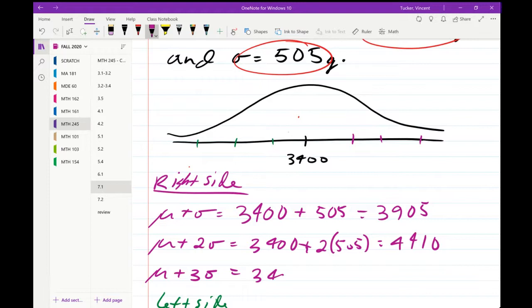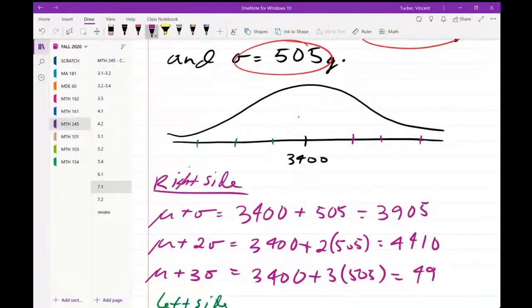And then 3400 plus 3 standard deviations, 4915. So all you have to do is keep adding 505, the standard deviation, 3 different times. That'll give you your 3 numbers to the right of your mean. That's 3905, 4410, 4915.